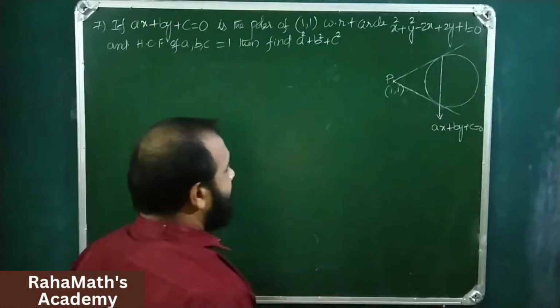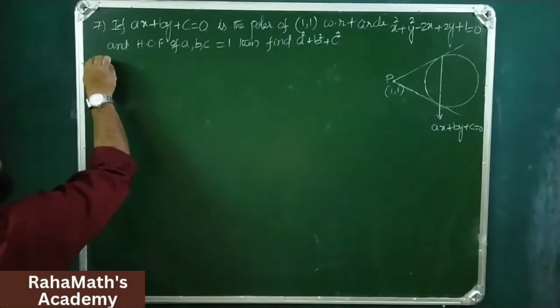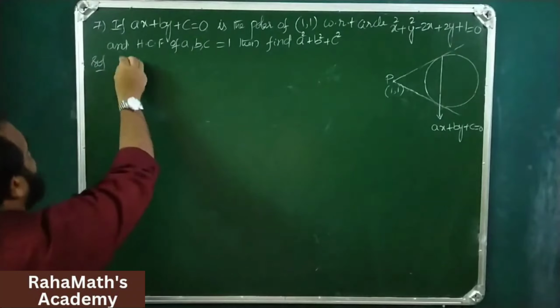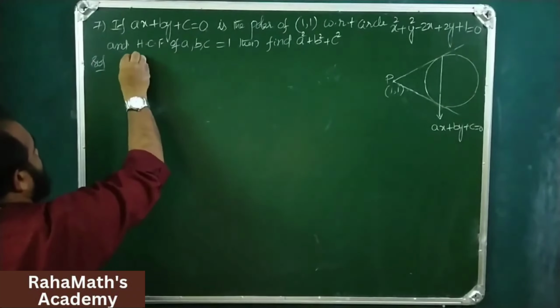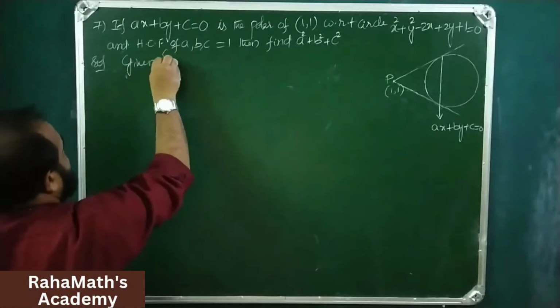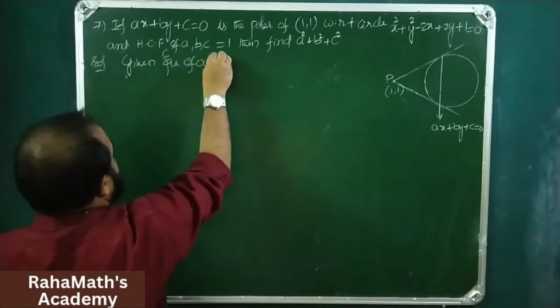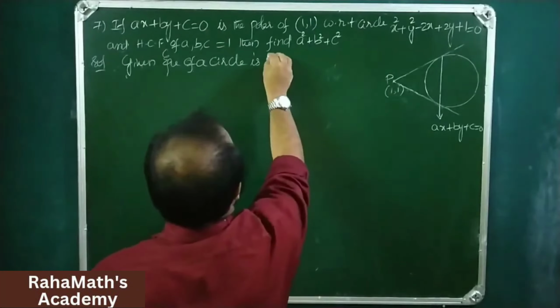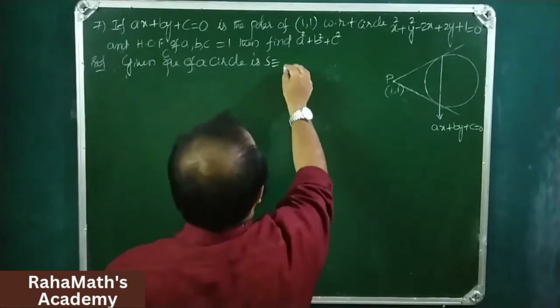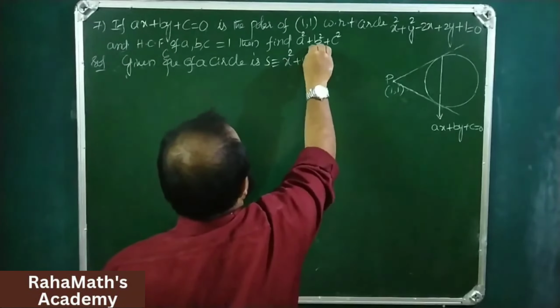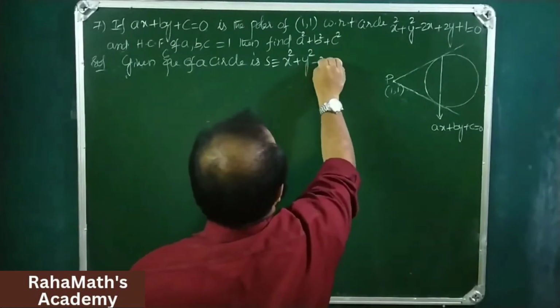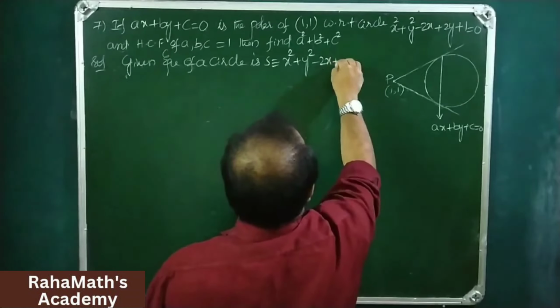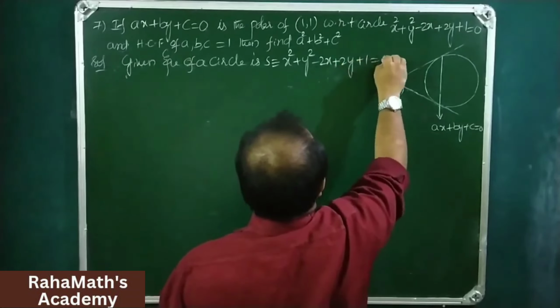So let us compare. Solution: the given equation of the circle S is x square plus y square minus 2x plus 2y plus 1 equals 0.